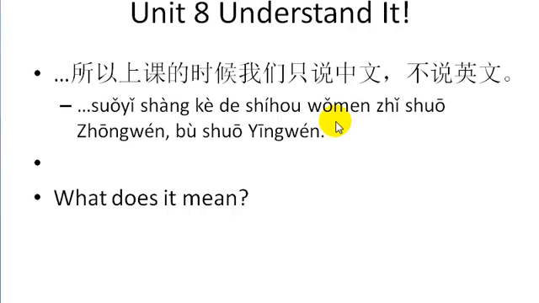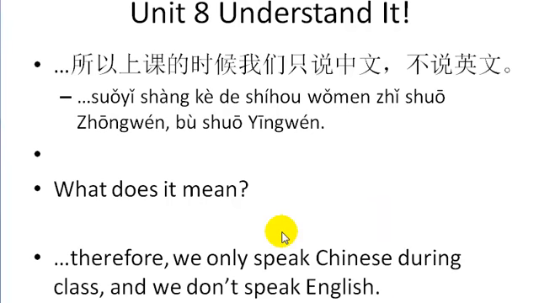Pause and write down what you think this means. And hopefully you came up with something close to, therefore, we only speak Chinese during class, and we don't speak English. 所以上课的时候，我们只说中文，不说英文.